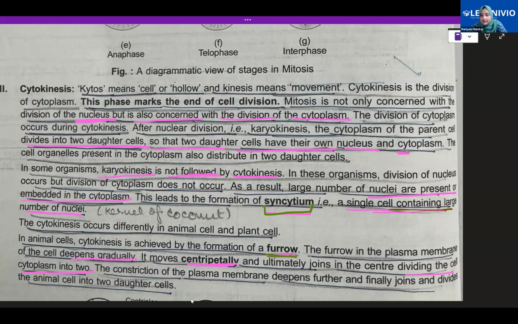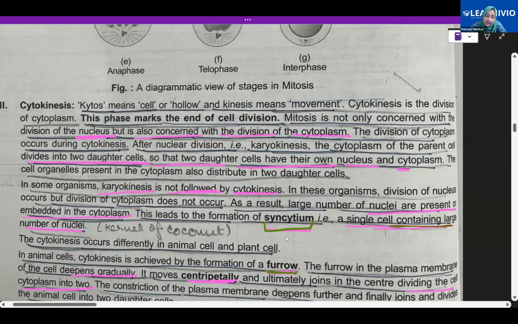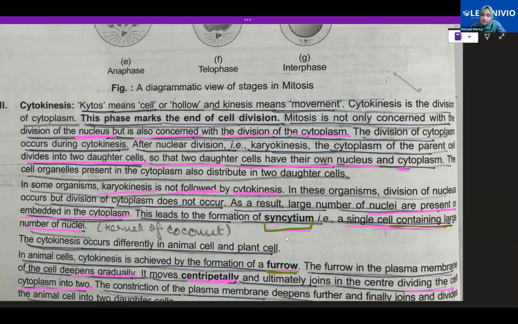So whenever the karyokinesis doesn't get followed by cytokinesis, the thing that happens is called the formation of syncytium. This usually happens in plants, very few times in animals, but mostly in plants.